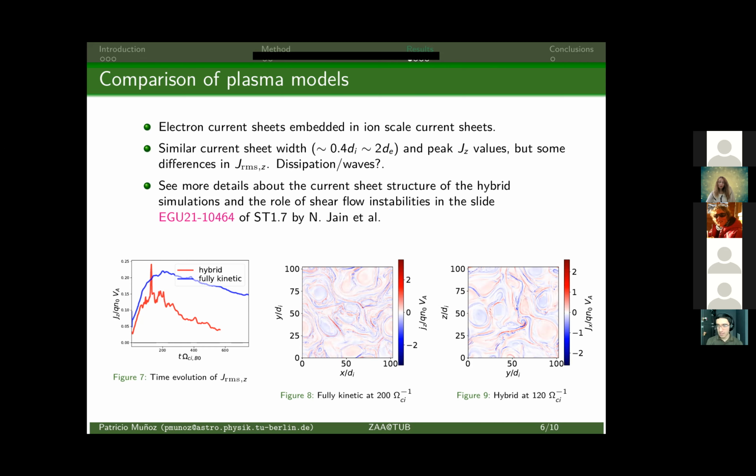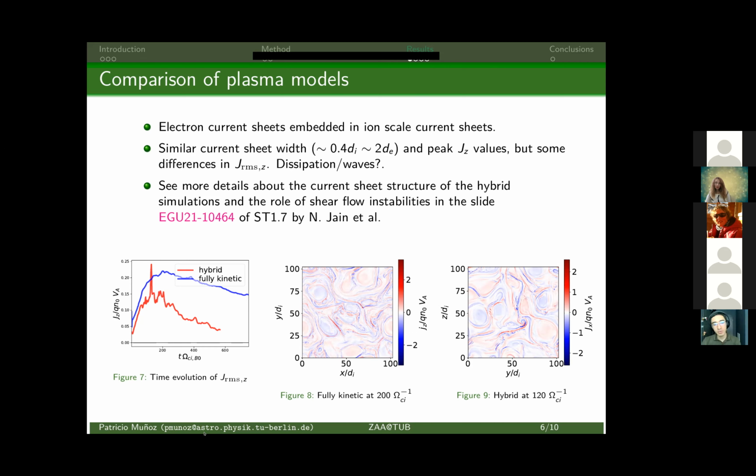We observe a similar, at least order-of-magnitude similar, current sheet width, or at least for the fully kinetic cases, they are mostly around 2 electron skin depths or near half ion skin depths. Both codes show a relatively good agreement of the peak values of the out-of-plane current density. This shows just a snapshot and the peak time of the evolution of the RMS values of the current density for both fully kinetic and hybrid kinetic codes.